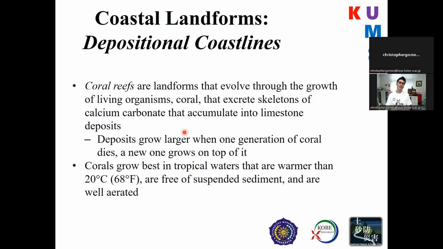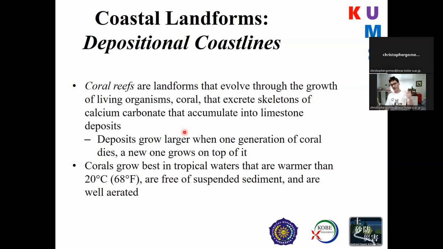You have certainly heard about coral reef issues because of climate change and the sea temperature changing. So corals usually grow best in tropical waters that are warmer than 20 degrees and that are free of suspended sediment, so clear, clean water, and are well aerated.